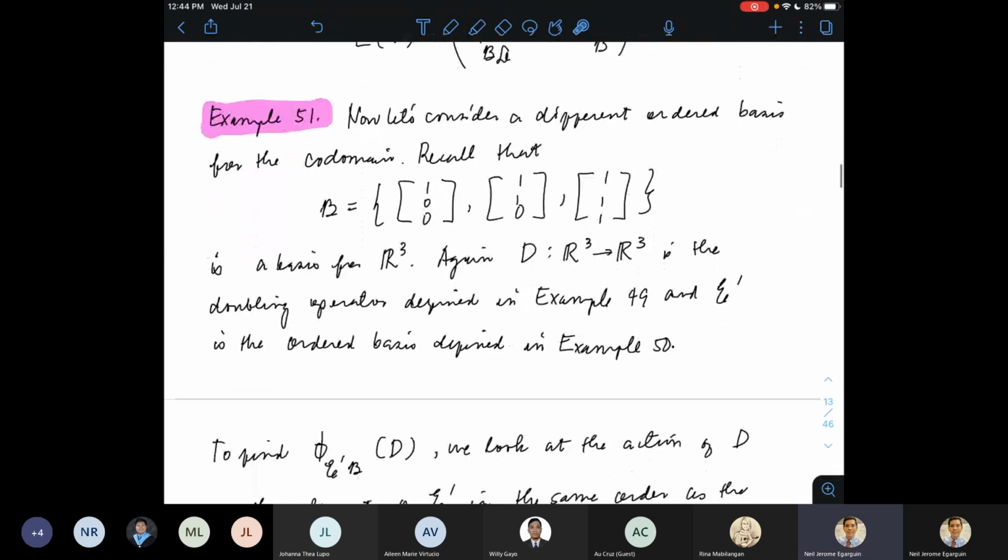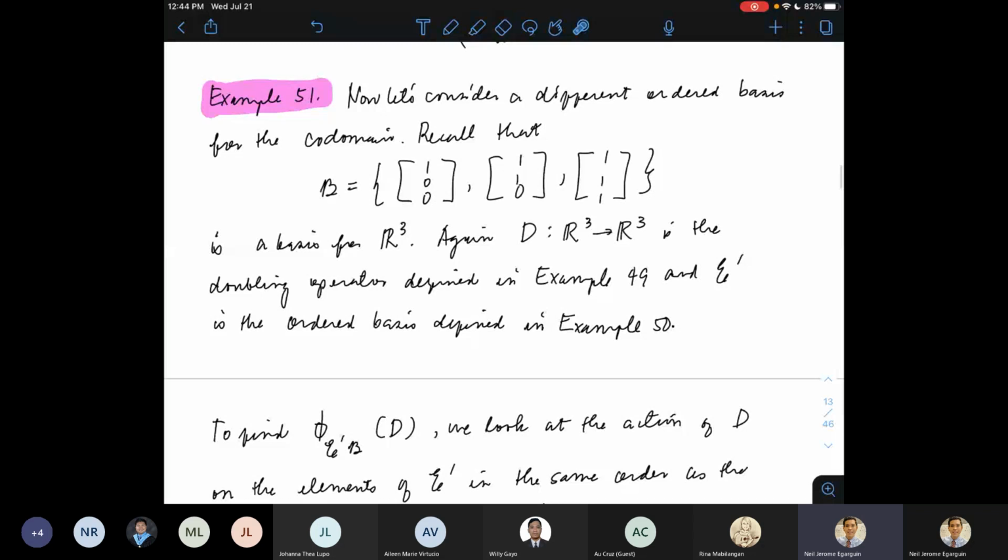Okay, let's write example 51. In example 51, let's consider the basis B consisting of (1, 0, 0), (1, 1, 0), and (1, 1, 1). I guess in previous modules, we have established that this is indeed an ordered basis for R3.